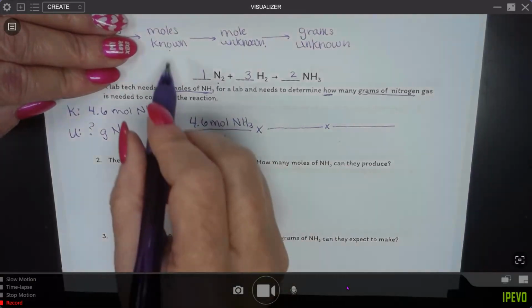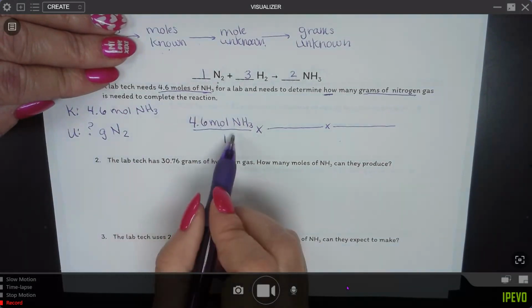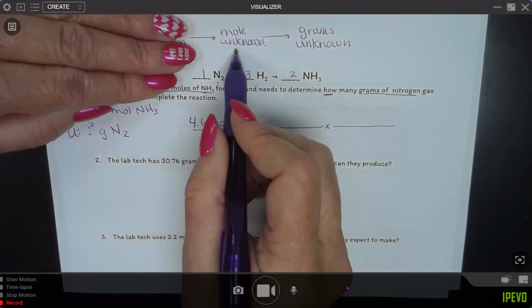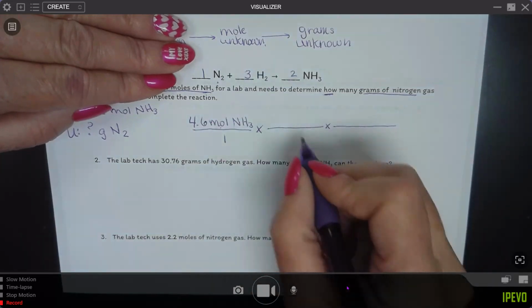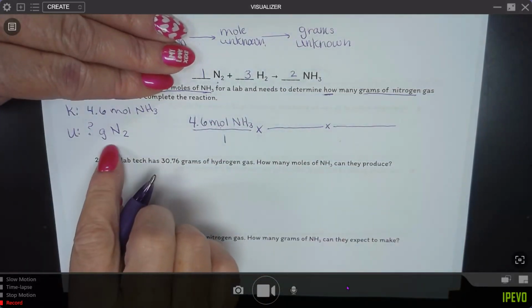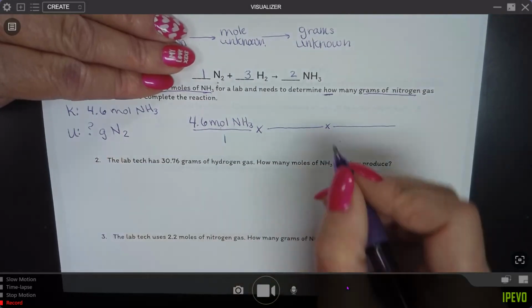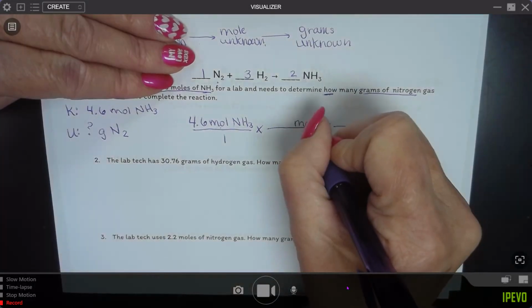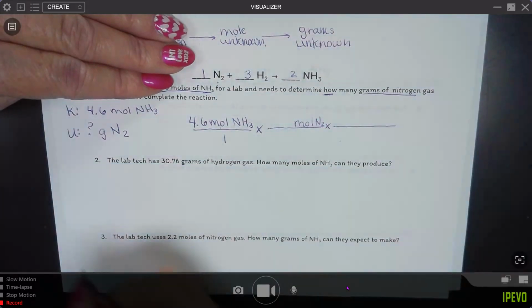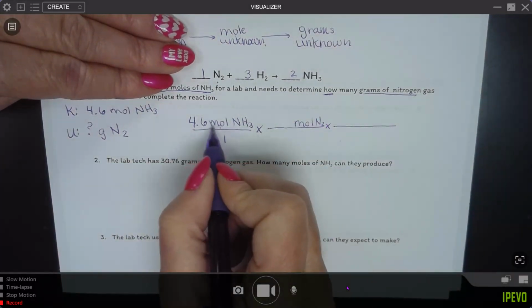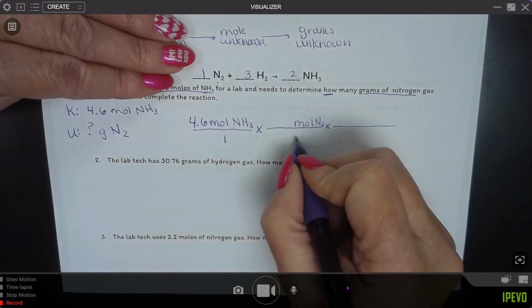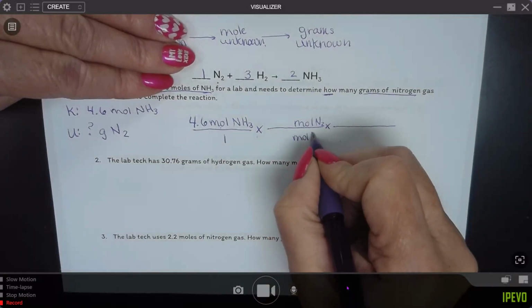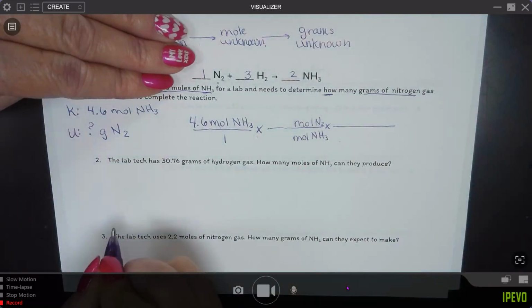Okay, so I'm starting with moles of known, okay, moles of NH3. The next step is moles of unknown. So my unknown in this case is N2, is what I'm looking for. All right, so I'm going to have moles of N2 on top. All right, and I'm going to bring these units down in diagonal, so moles of NH3 on the bottom.